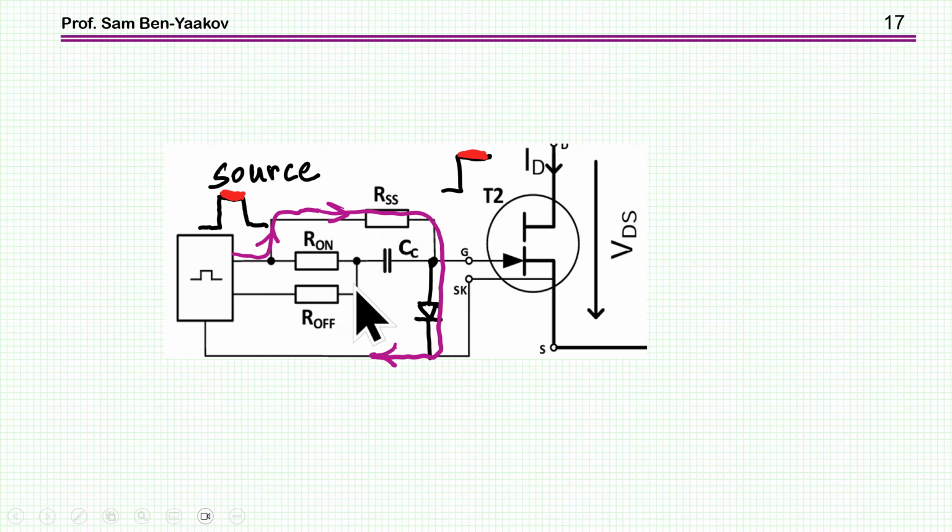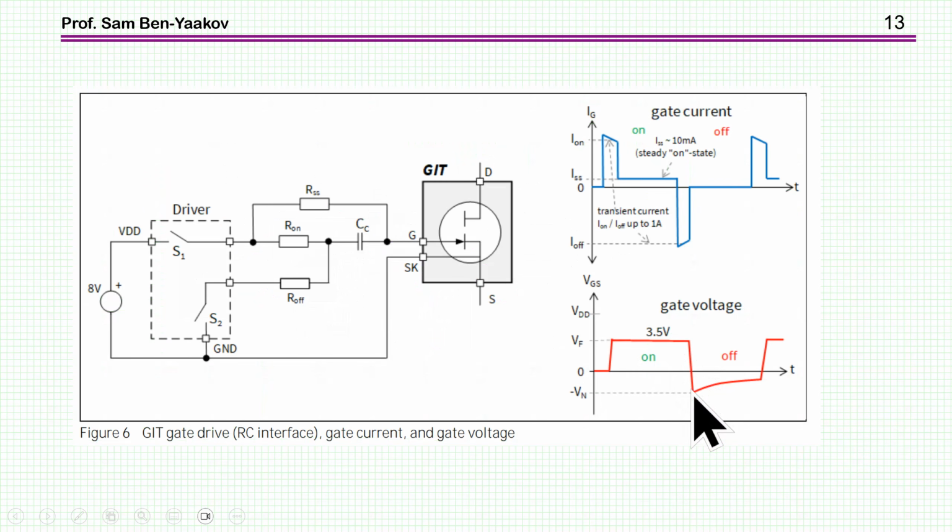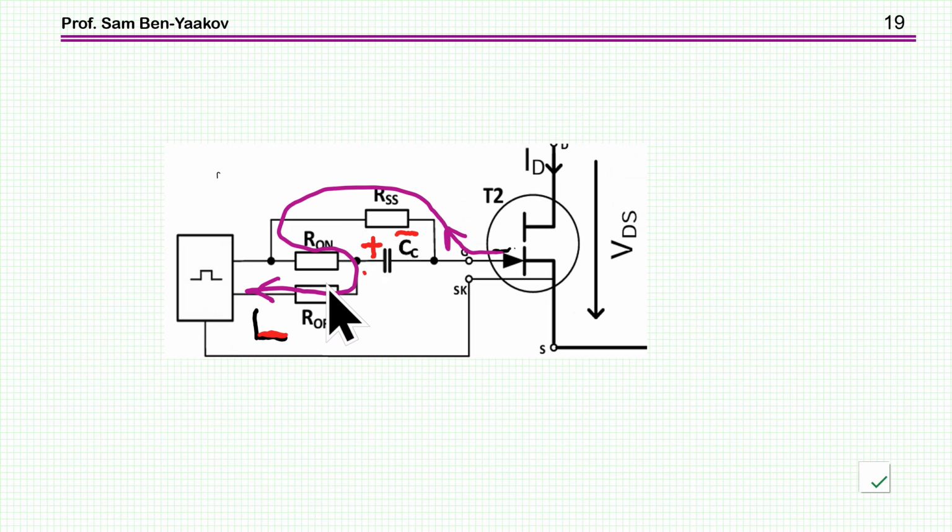So this explains this jump here. This is the added voltage due to the voltage across the capacitor. And then it decays. It decays because during this off time, there is a path here for this capacitor to discharge exponentially. So this is why the negative voltage is actually decaying and becoming more positive.